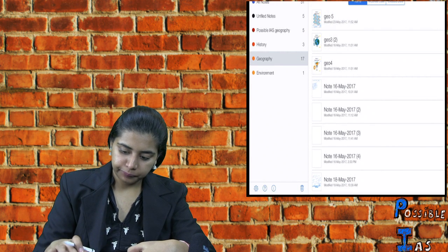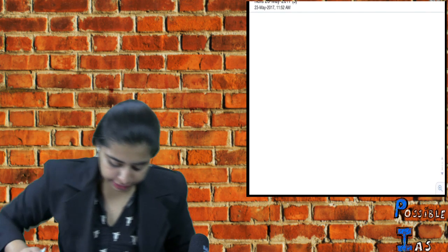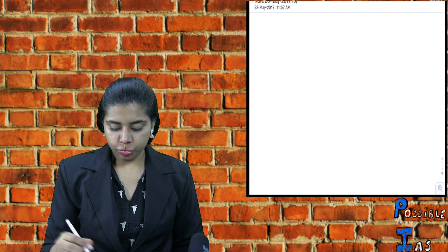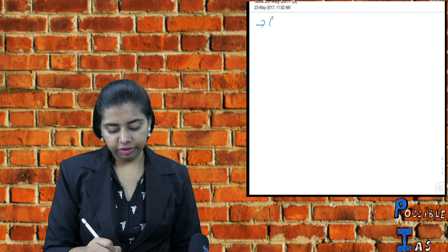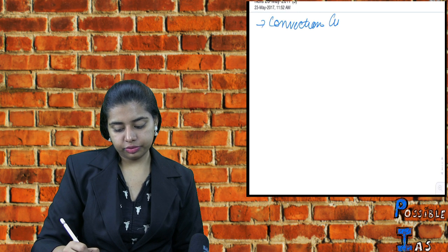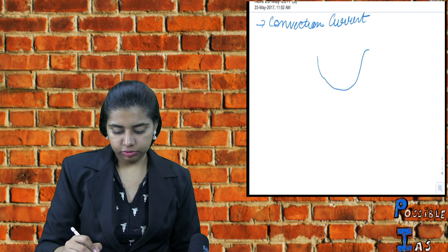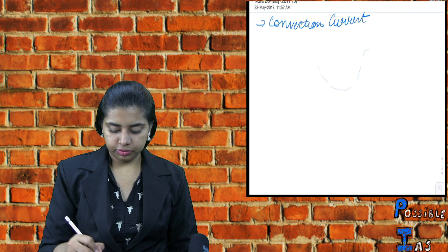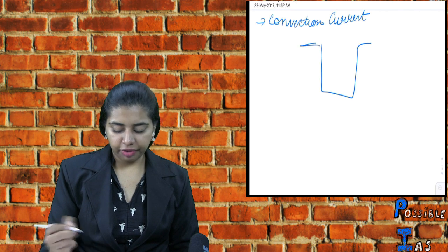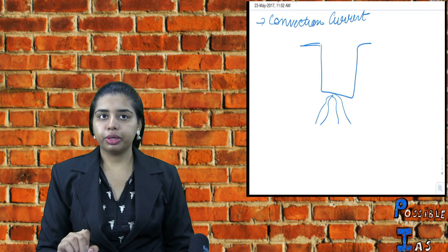Coming to the mechanism for the plate tectonics hypothesis, we need to understand the concept of convection current. Suppose I have a beaker of water and I am heating it with fire from below.